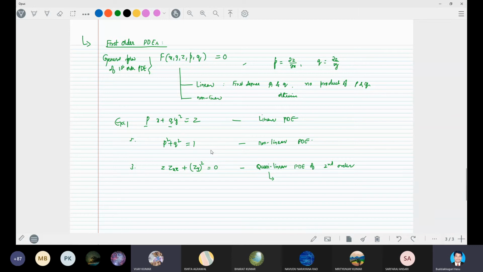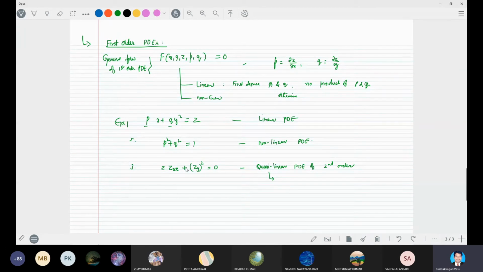A differential equation of any order, whatever it may be, the higher order PDE as well, we can easily classify as a quasi-linear differential equation if all the higher order derivatives are of first degree and no product of higher order derivatives is present in the given equation. Such equations are said to be quasi-linear PDEs. So this is the example.